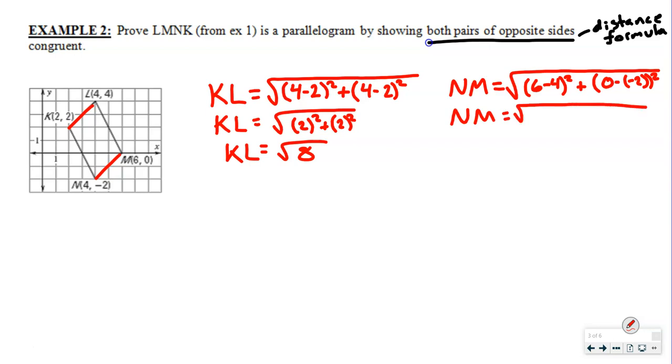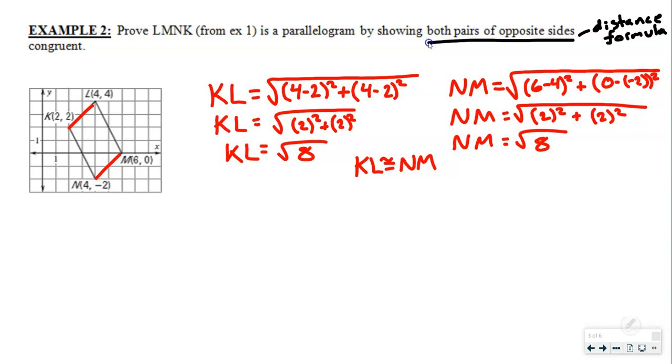So 6 minus 4 gives us 2. So we've got 2 squared plus 0 minus negative 2 becomes 0 plus 2, so that gives us 2 squared. So again, NM, see that is the square root of 8. So it does show that KL is congruent to NM.